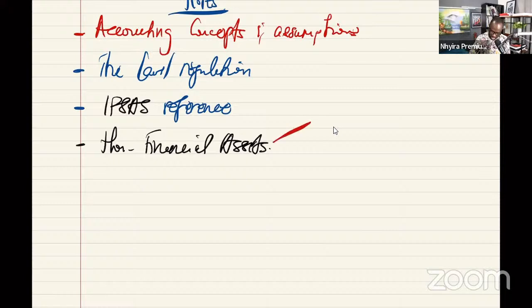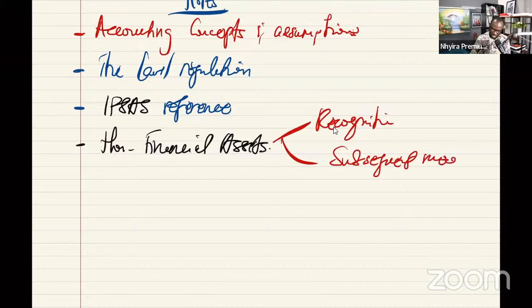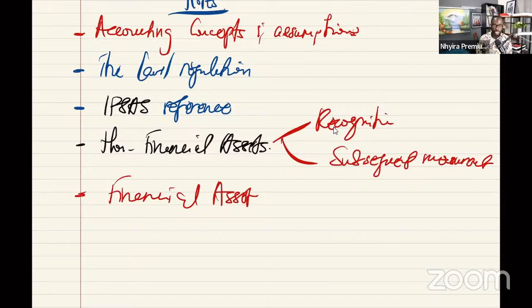Their recognition, their subsequent measurements. How did we account for all these? It has to be stated there. Next one, the financial assets. How were they recognized? How were they subsequently measured? We have to disclose that.